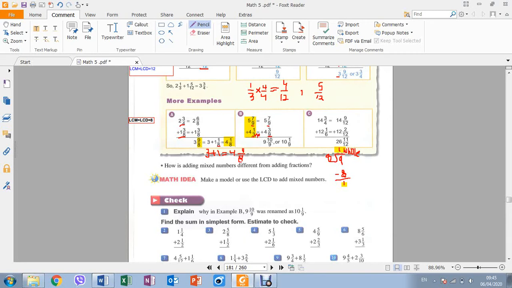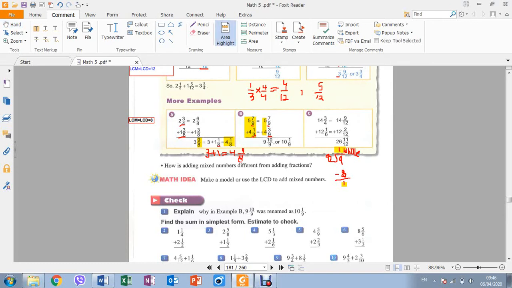When we multiply, we need to multiply the numerator by 3 also. 1 times 3 equals 3, so 3/9. After that we need to add these two whole numbers together and these two fractions together. 5 plus 4 is 9, and 7 plus 3 is 10.